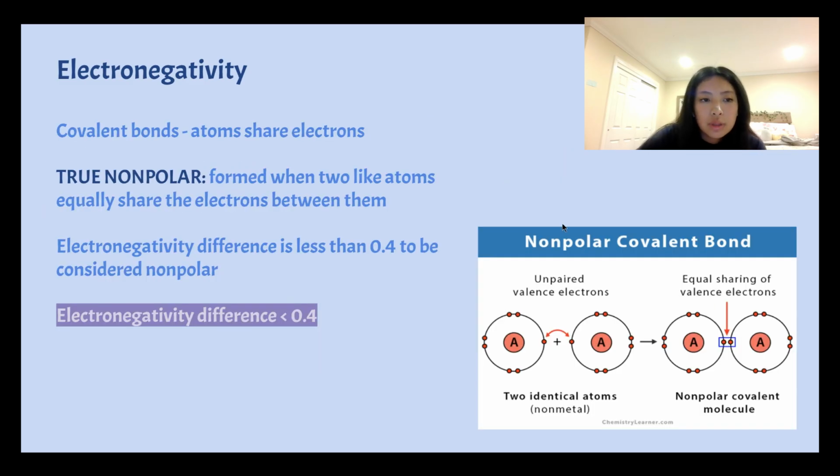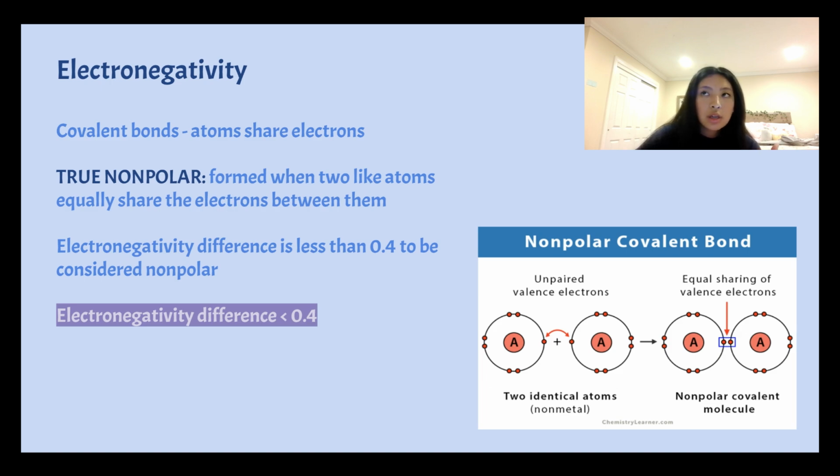Okay, so let's talk about covalent bonds. So we know that covalent bonds is when atoms share electrons. So a true nonpolar bond is a covalent bond formed when two similar elements share electrons equally.